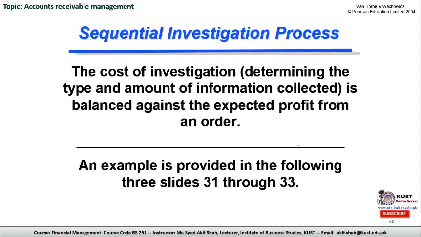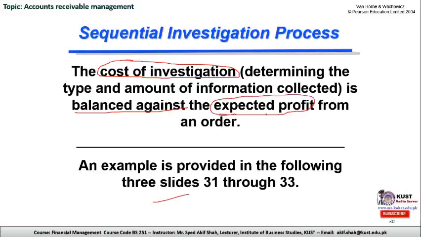So the cost of investigation is balanced against the expected profit. As I have already explained, the cost the company bears to investigate the credit applicant should be balanced against the expected profit from that order.